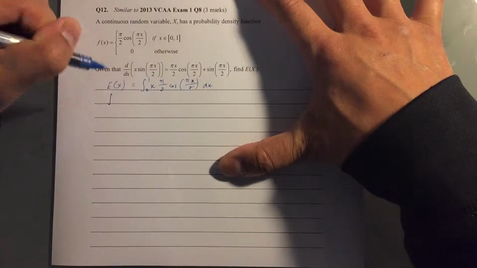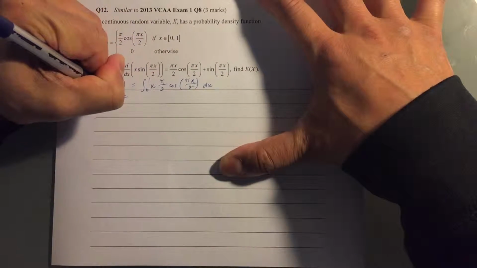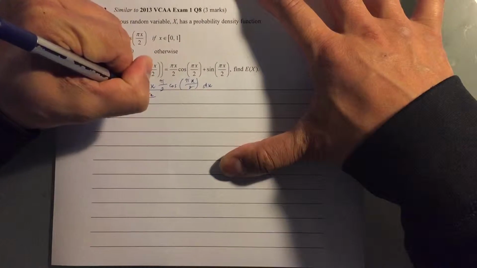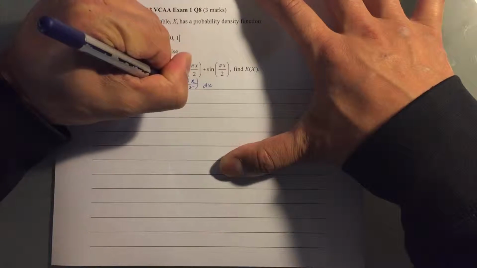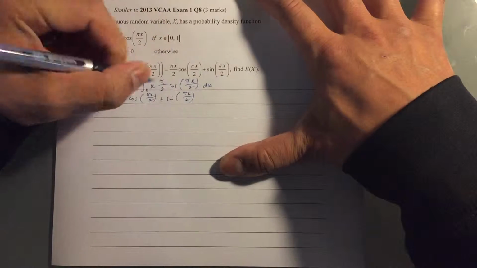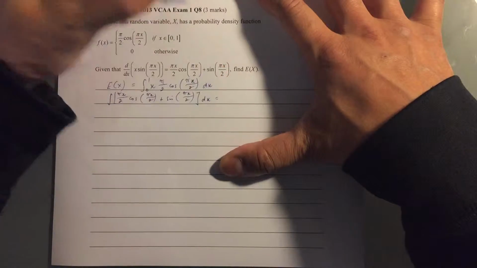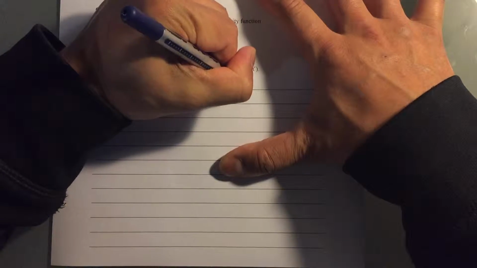I like to say that if I was to anti-differentiate what's written here, pi x on 2 cos pi x on 2 plus sine pi x on 2, that would give me x sine pi x on 2.